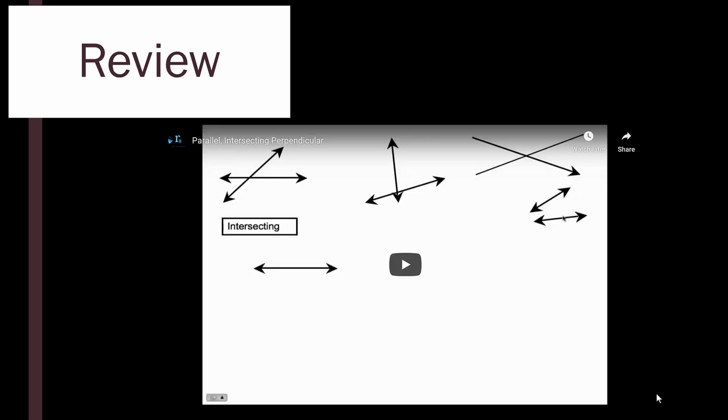It's a review of our last lesson. You guys can check it out as a review for the previous lesson 7.1, and it just shows us parallel and intersecting and perpendicular lines. All right, moving on.